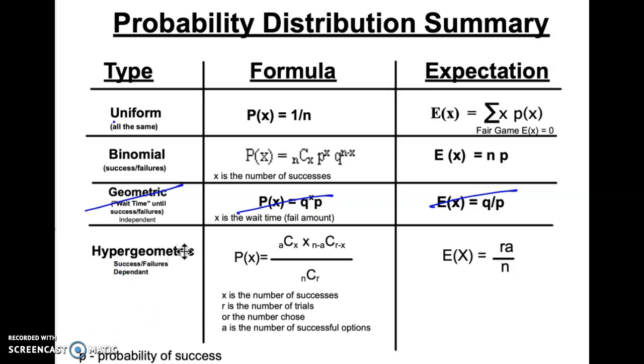And hypergeometric is the last one that we did. So once again, there's a specific number of trials, you have a success or failure, but the probability of success or failure will change after every trial. Okay, so once again, there's a formula for the probability that you can use or not use, and there's a formula for the expected value. Okay, so that's a little summary table of what we have learned in this unit.